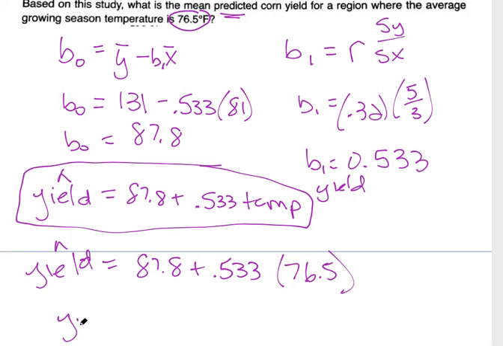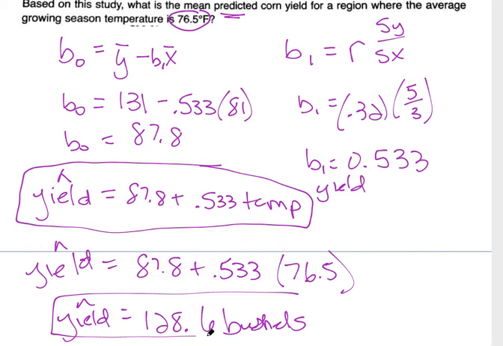Okay, so yield hat, when the temperature is 76.5, comes out to be 128.6 bushels. That is the answer to the question. The other thing I should have said is the slope.